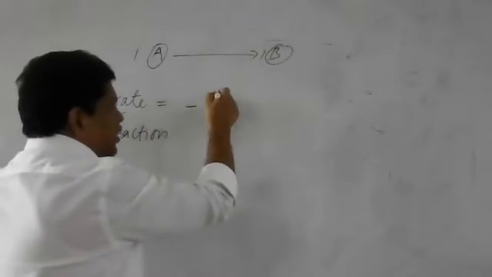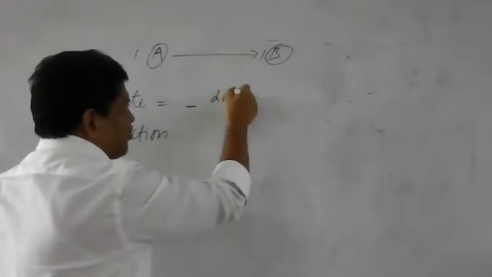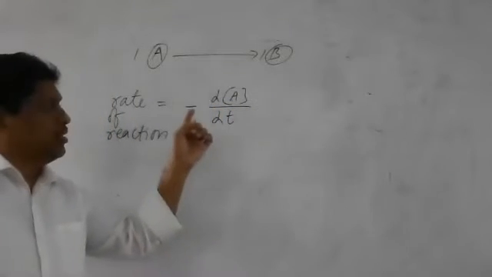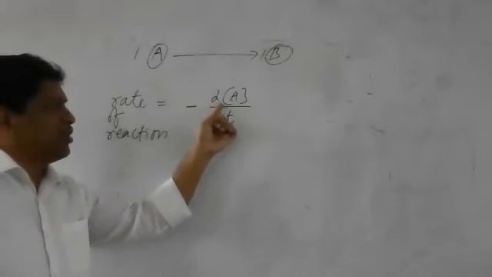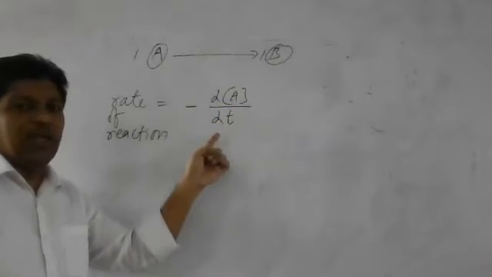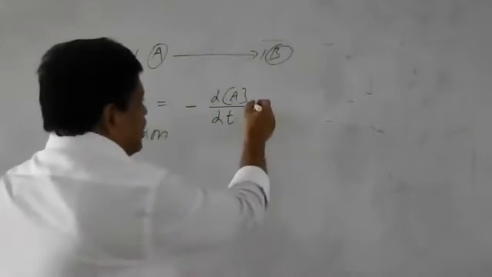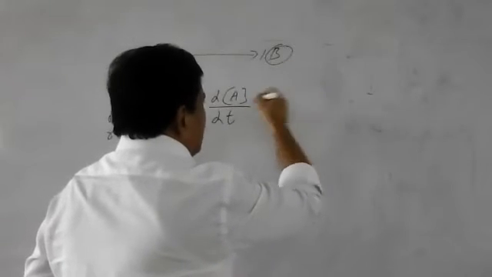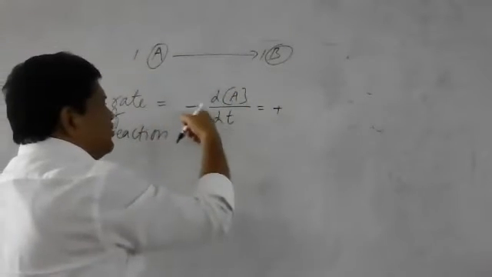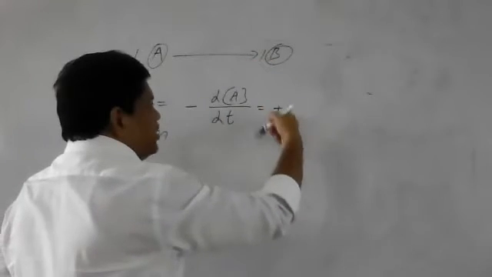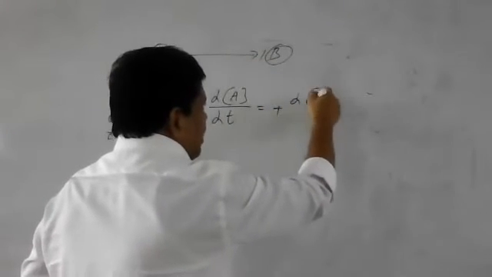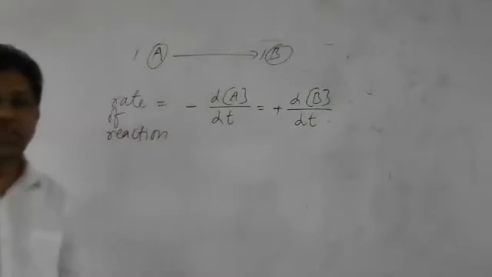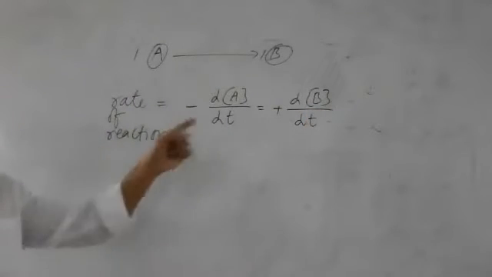So it is minus d[A] by dt, which means the decreasing change of concentration of reactant A by change in time interval, equal to plus d[B] by dt. Here 1 by 1 means 1 only. So this is one of the expressions of rate of reaction.